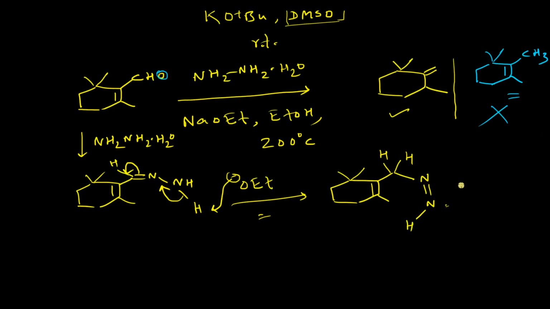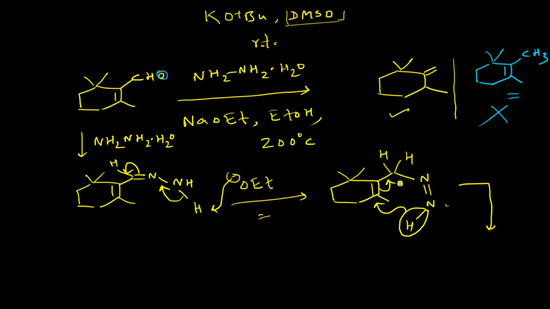And then instead of the normal Wolff-Kishner reaction pathway, a 1,5 sigmatropic shift will actually occur in this particular case. So hydrogen will migrate or shift from this nitrogen to this particular carbon center.